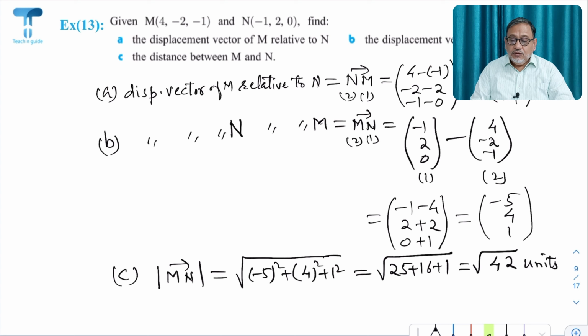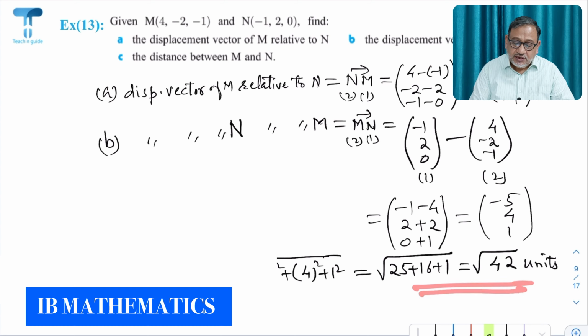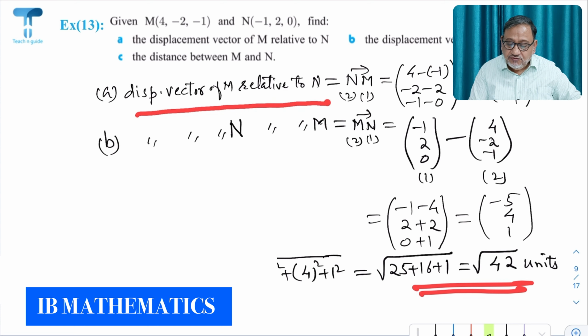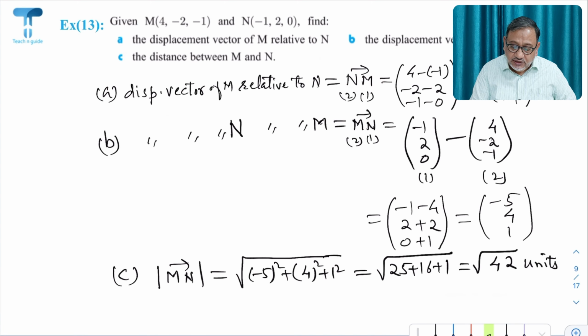So I hope you understood this, right? How I got this. First I found the displacement vector of M relative to N. So I should write NM, look here, the other way I should write, this should be first, this should be second. And here displacement vector of N relative to M, so this should be first, this should be second.